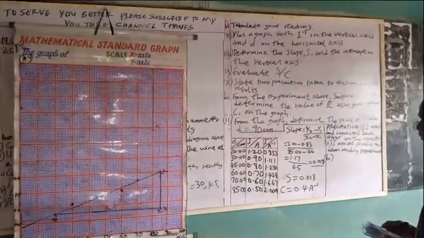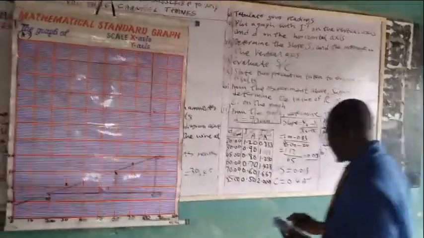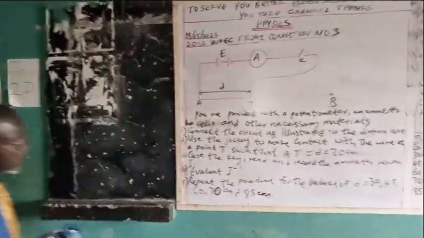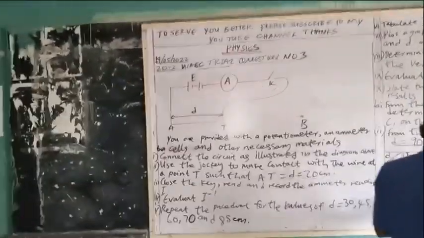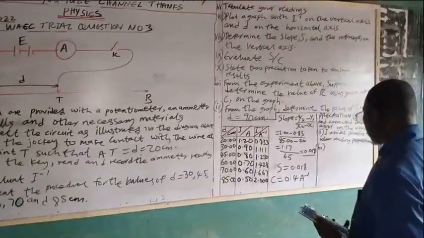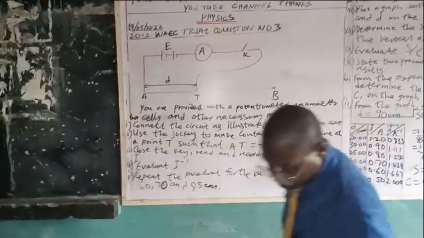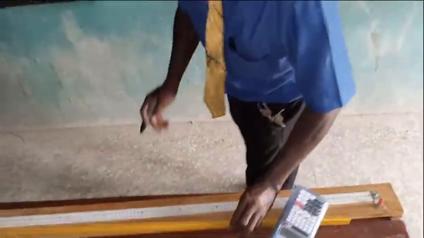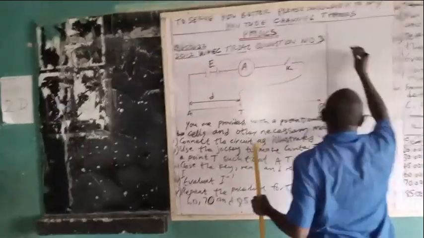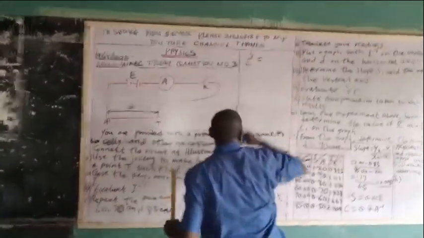Evaluate S over C. S is the slope, C is the intercept.